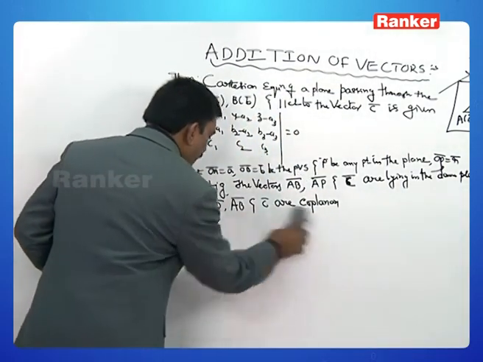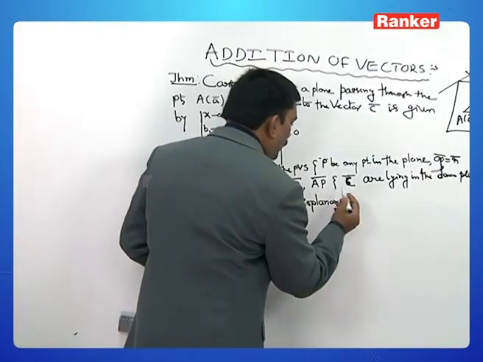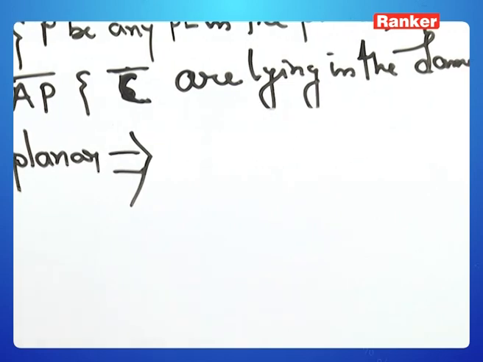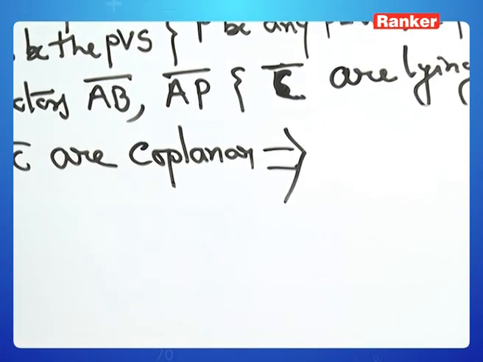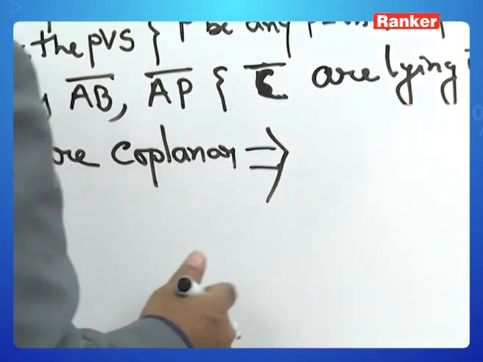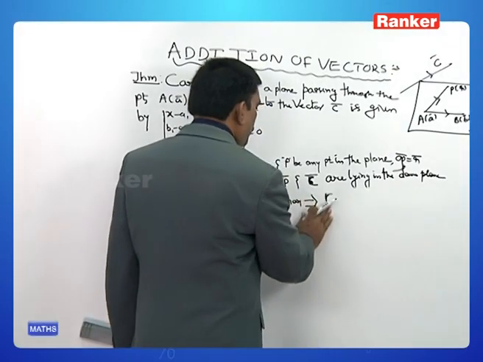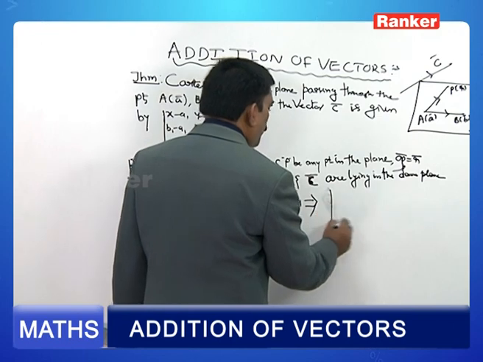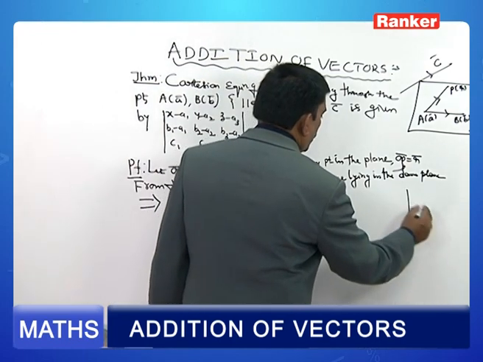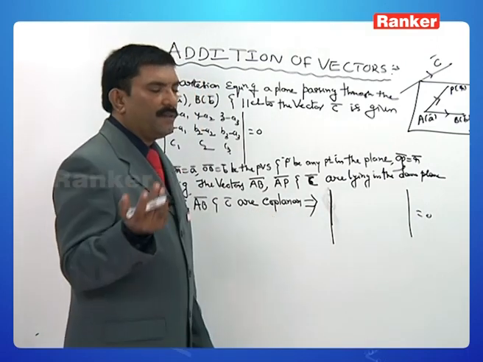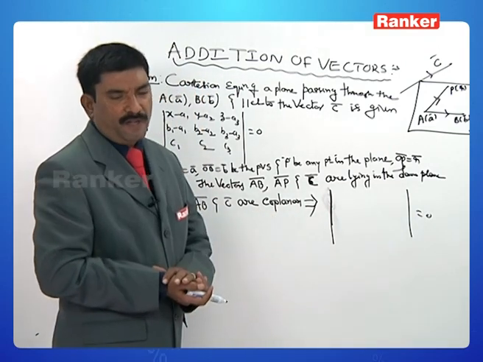You can go directly: coplanar implies coplanar vectors are linearly dependent. Dependent means the determinant of them is equal to 0. You will come across this next in the multiple product of vectors.